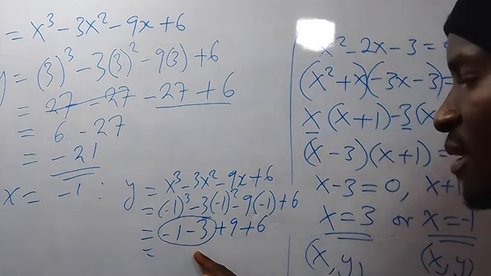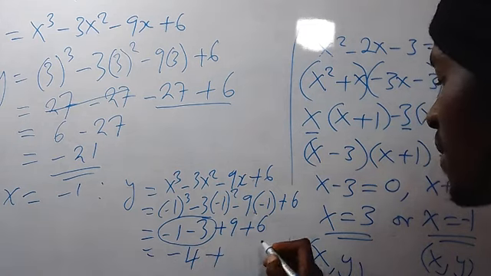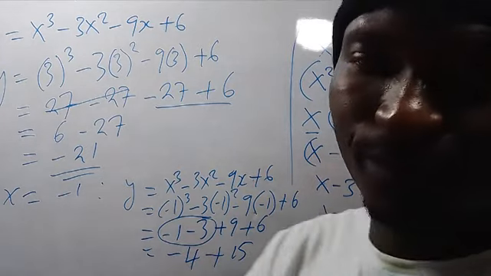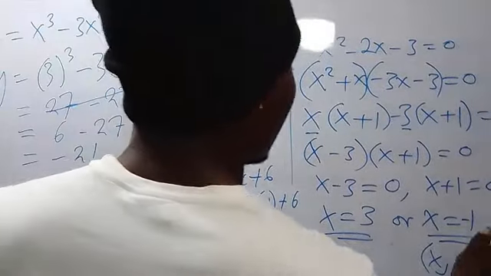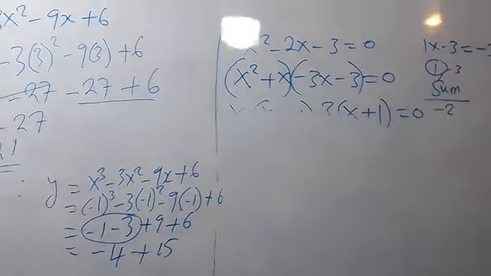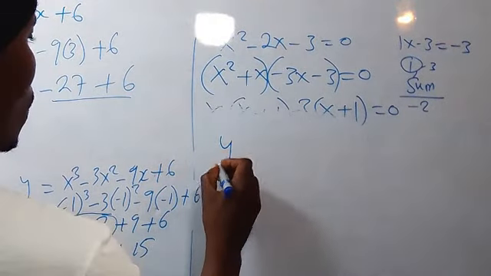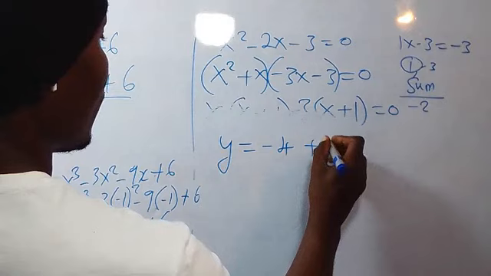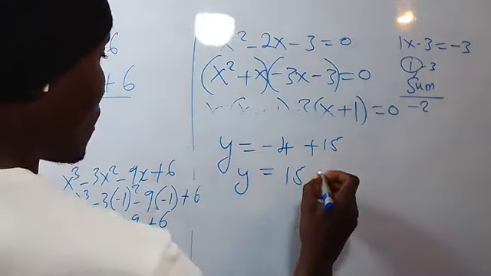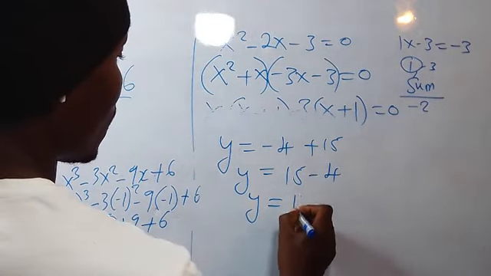Negative 1 minus 3 is going to give us negative 4. Then this plus that is 15. So y equals negative 4 plus 15, which is the same as saying 15 minus 4. Then y equals 11.